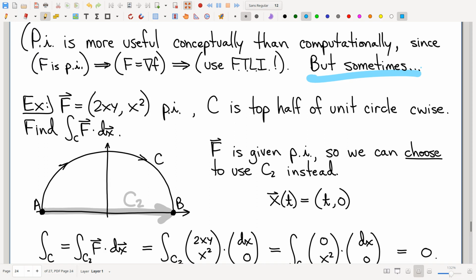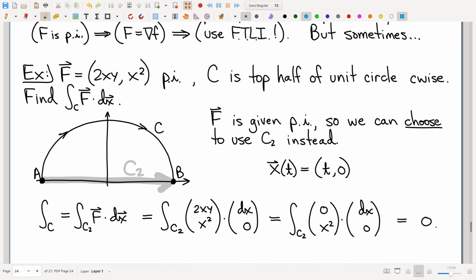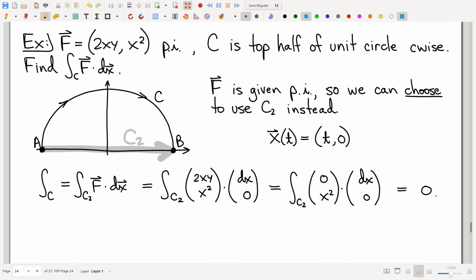So here's an example. This vector field is not hard to find an anti-gradient of. You could probably look at this and think cleverly, channel your inner crafty, strategy-oriented mindset, and come up with what the anti-gradient is. But let's pretend that we couldn't, as will certainly be the case sometimes.